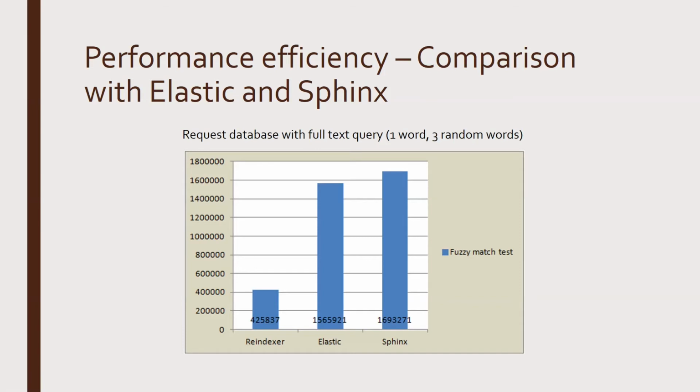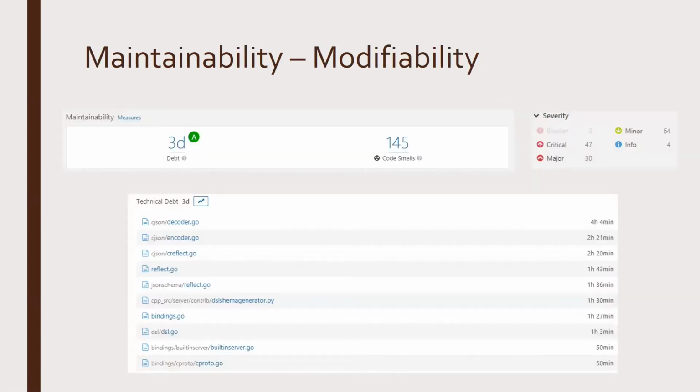Next slide, please. Okay, I will proceed with maintainability and modifiability as a subcharacteristic. So we made a statistical analysis and found about 3 days of technical debt and 135 issues with maintainability. As you can see, there are 47 critical issues, and it's mainly about cyclomatic complexity and cognitive complexity. So it's hard to analyze this code.